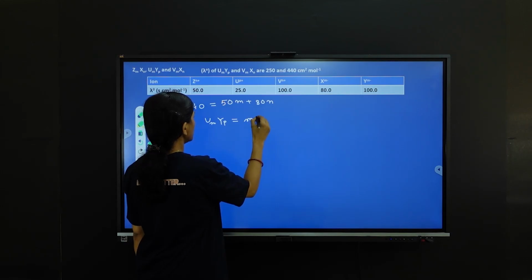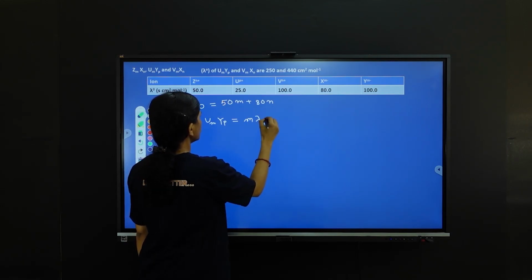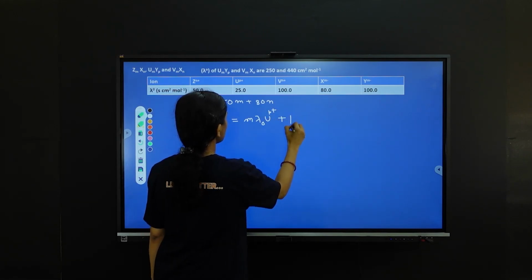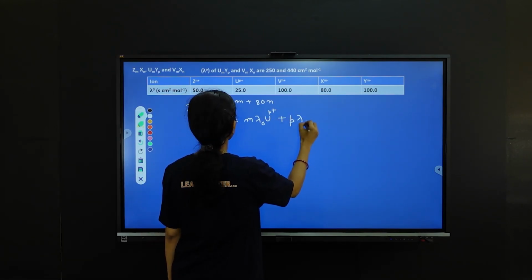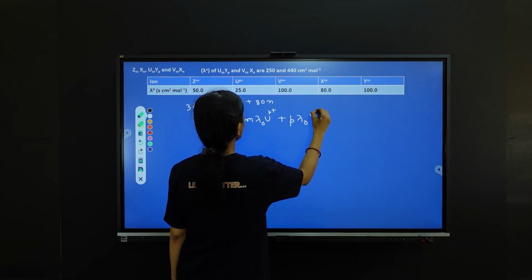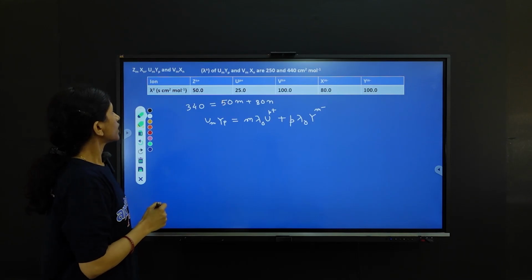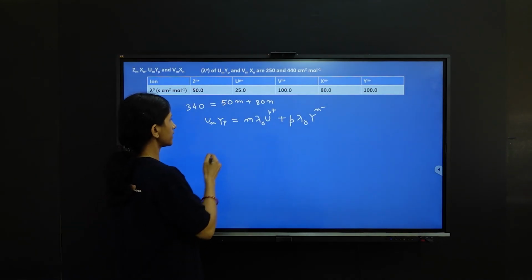So M lambda 0 UP plus P lambda 0 YM minus.